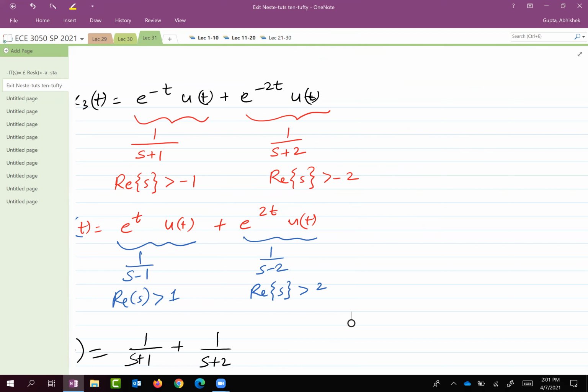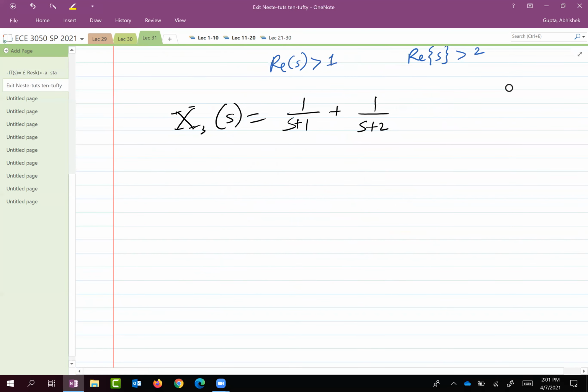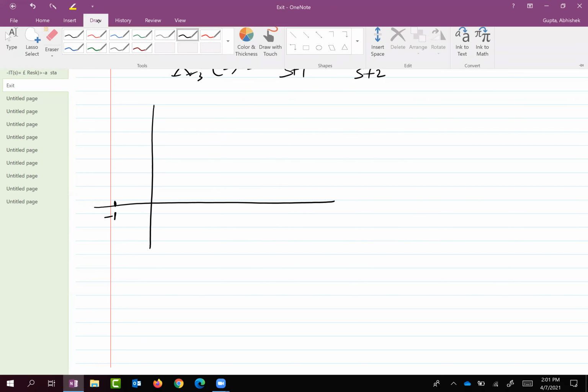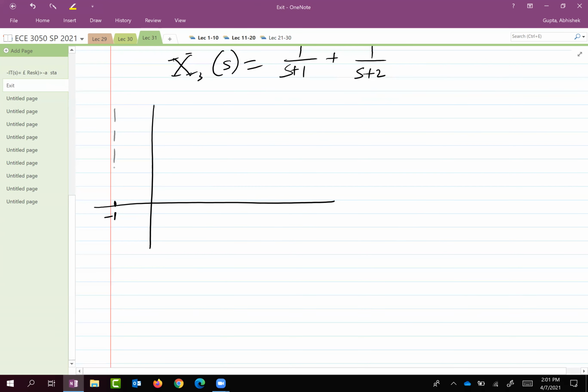How should I do it? Okay, let me do it here. So I have -1 here. This is my region of convergence for 1 over s plus 1.